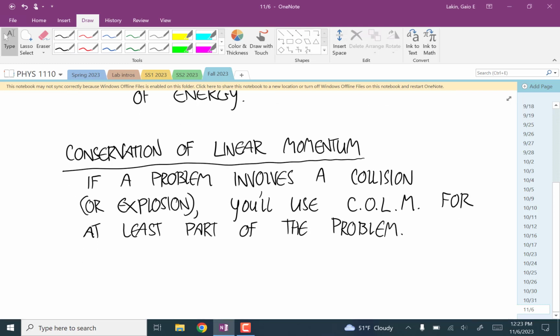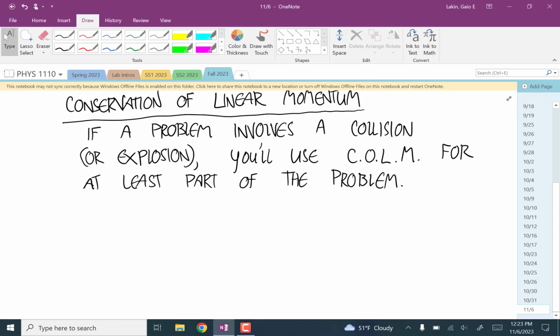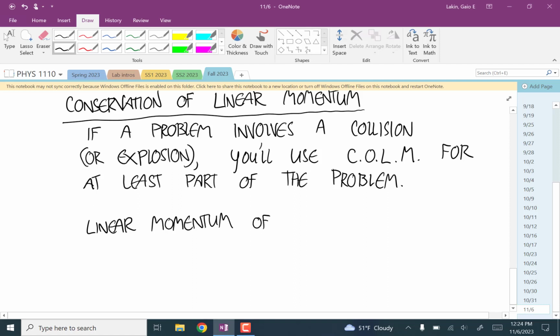Okay, so the first thing we have to do is define linear momentum. So let's say the linear momentum of an object.